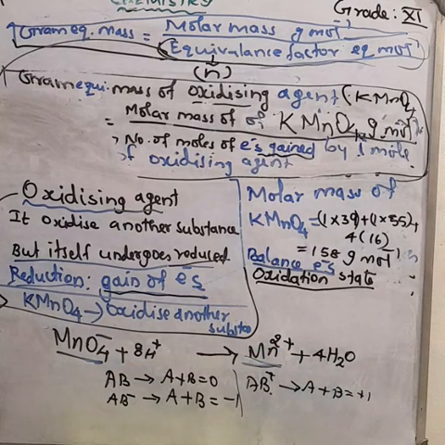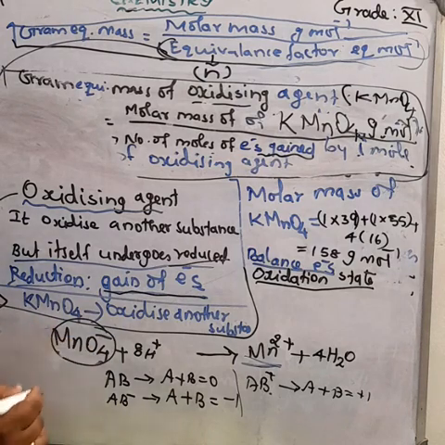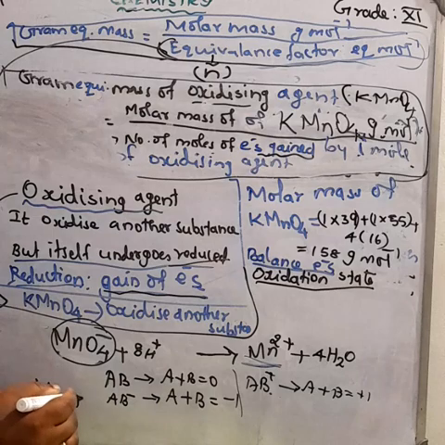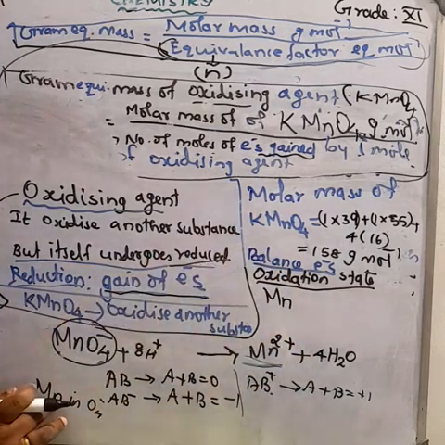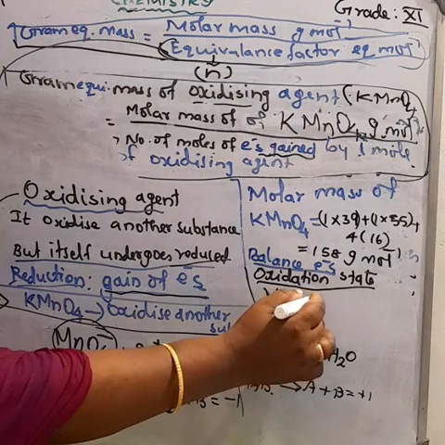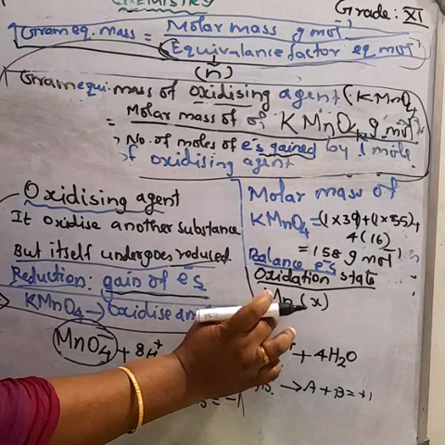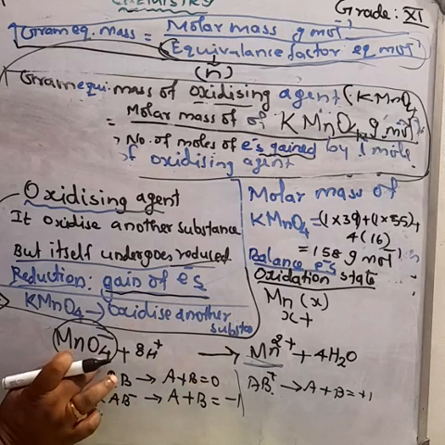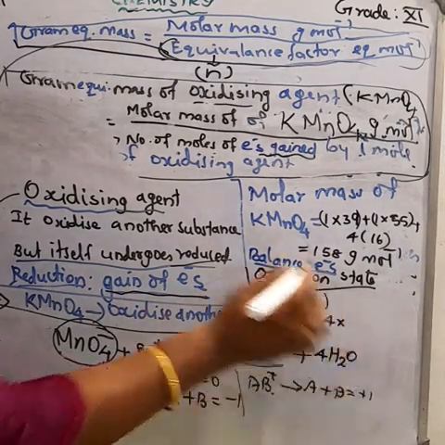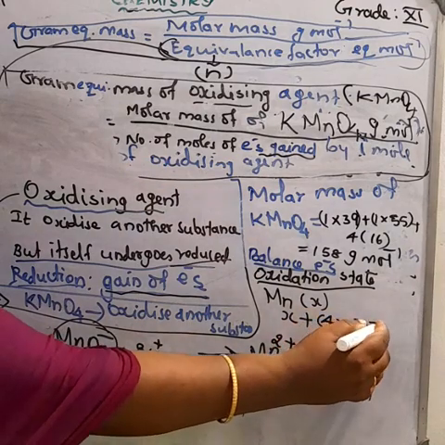Here we want to calculate the oxidation state of manganese in MnO4 minus. We don't know the oxidation state of manganese, so we take it as X. Plus, how much oxygen do we have? 4 oxygen. So 4 into the oxidation state of oxygen, minus 2, is equal to the charge, which is minus 1.